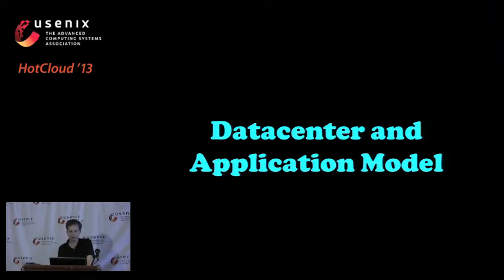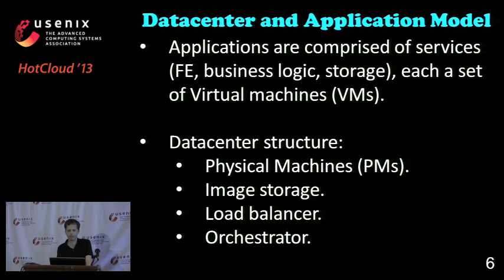So I'll talk a bit about how we model the data center and the applications coming. Applications are comprised of services, like separate services or tiers: front-end, business logic, etc. Each of these is comprised of a set of virtual machines that need to run. These are separate independent virtual machines: virtual machines of service 1, virtual machines of service 2, and so on. The data center has many physical machines that can run these VMs.